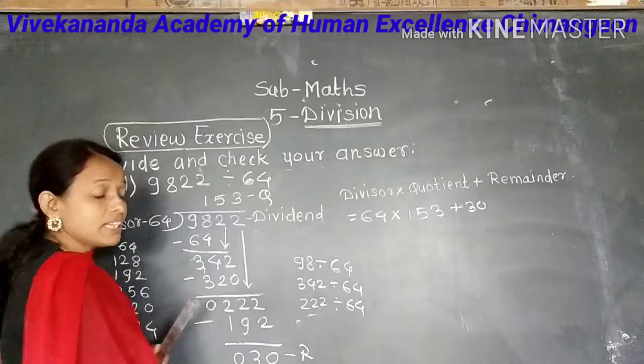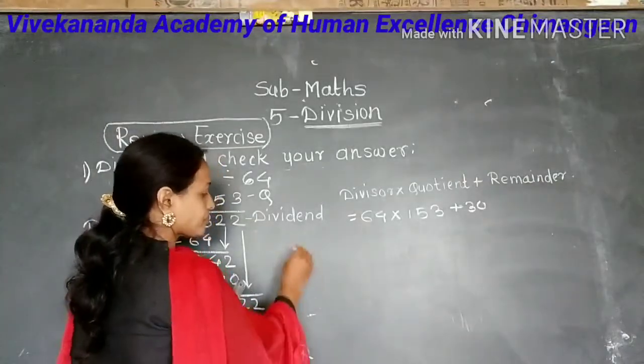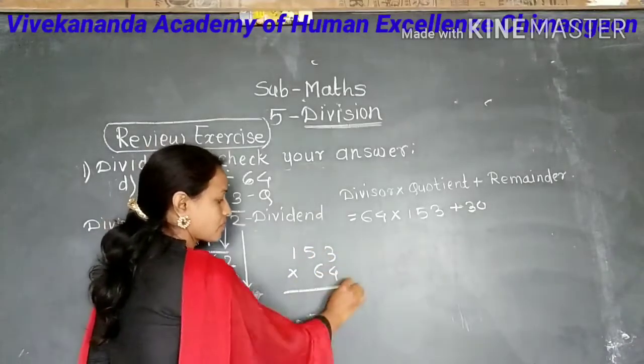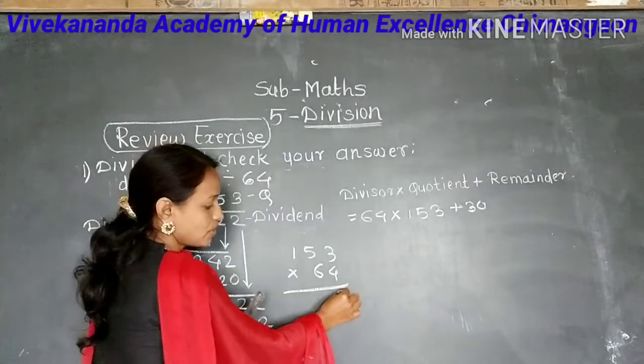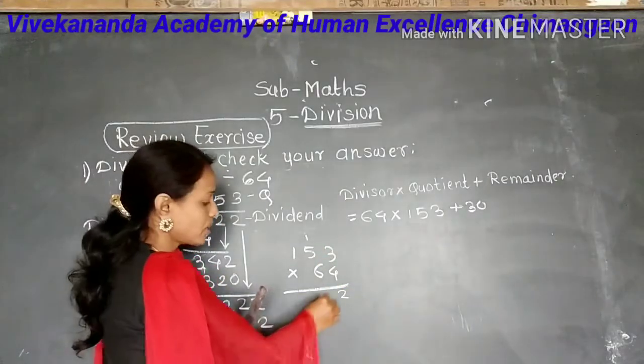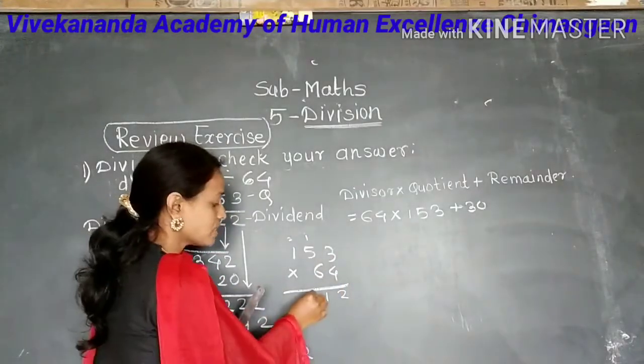Now we will multiply 153 by 64. 4 3s are 12, 2 carry over 1, 4 5s are 20 plus 1, 21, 1 carry over 2, 4 1s are 4 plus 2, 6.